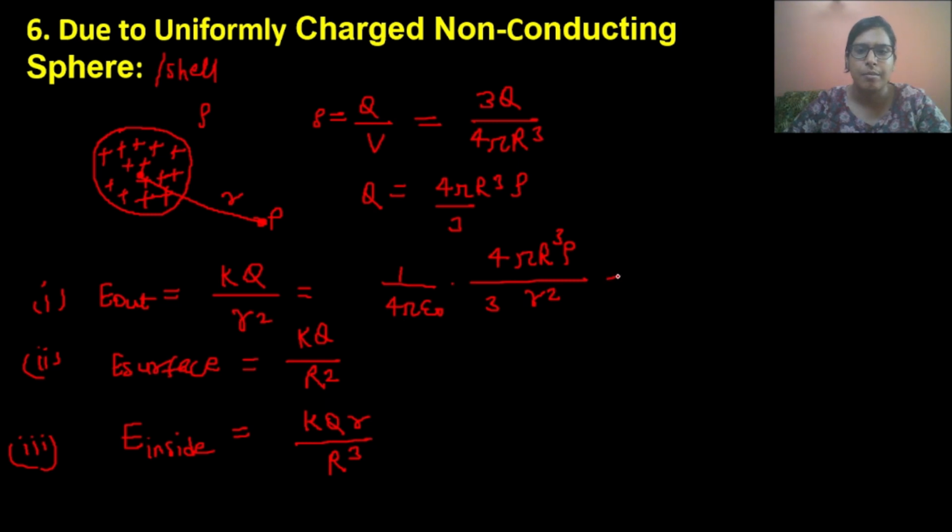So 4 pi and 4 pi cancel, and this will become rho r cube upon 3 epsilon naught r square also, right? Simply put r equals capital R, then it will become rho r upon 3 epsilon naught.